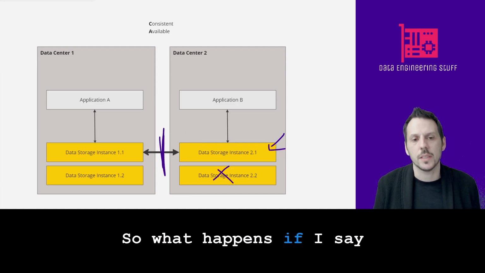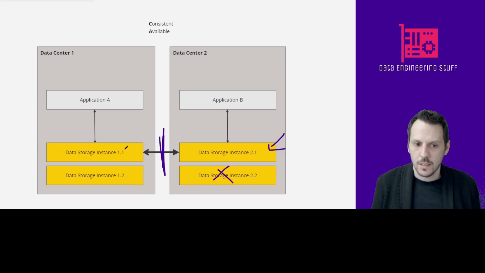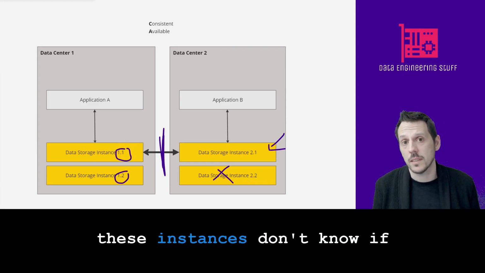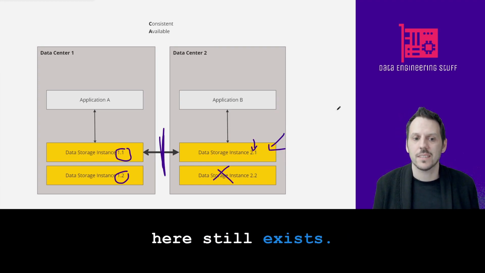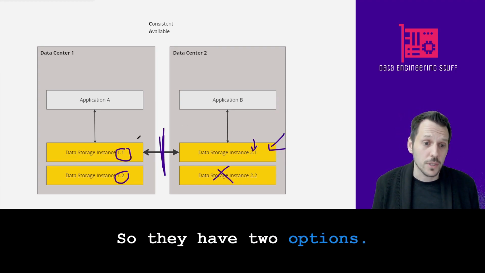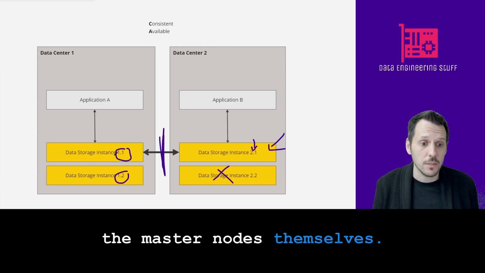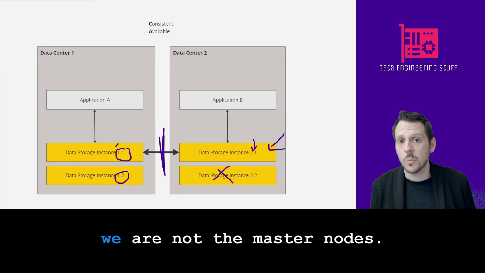So what happens if I say this network is broken? This and this node, these instances, don't know if this master node over here still exists. So they have two options. The first is they say they are the master nodes themselves, or they could just say, no, we are not the master node.